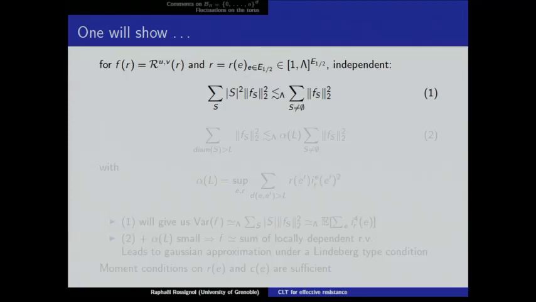If I call T_UV the infimum over all flows from U to V of the sum over E of R of E times the absolute value, so I put 1 instead of 2, then this is the first passage time from U to V. And we know that this is not true.